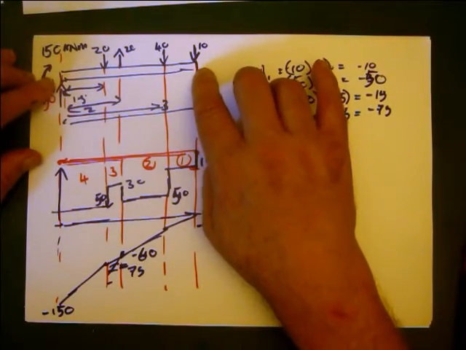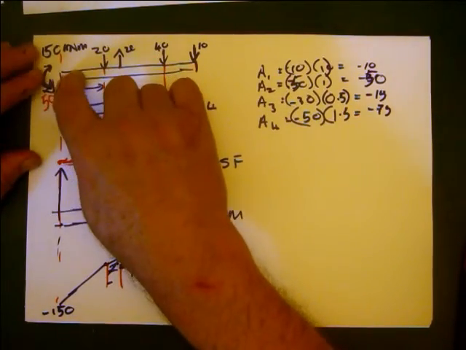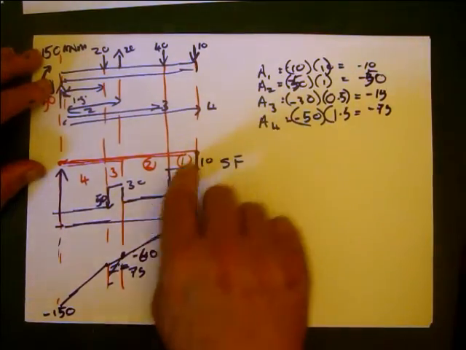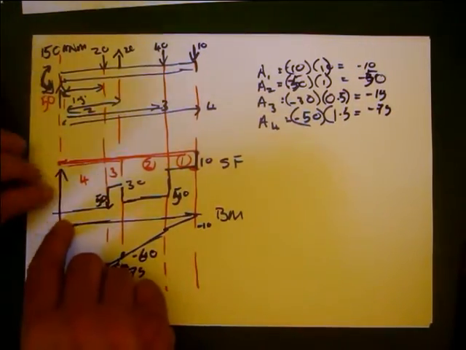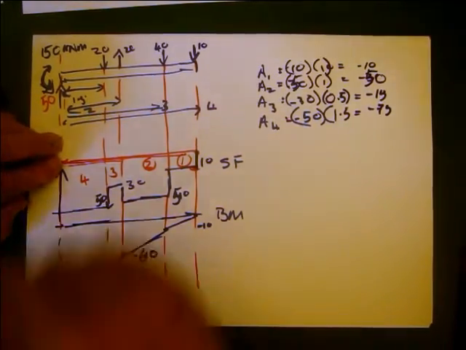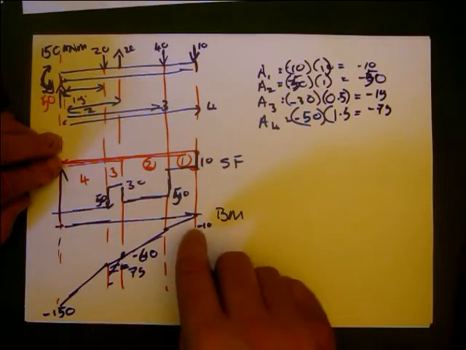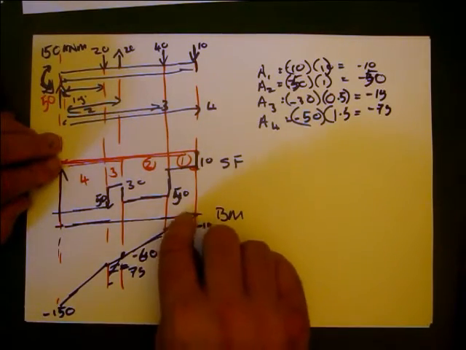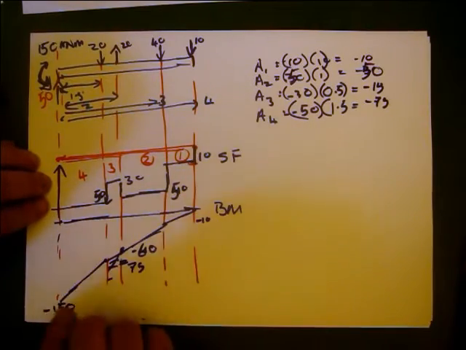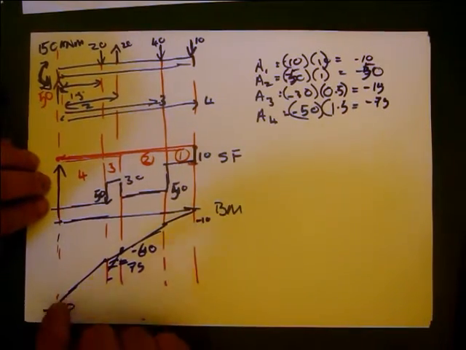Then you work in from the free end to the wall. The wall is going to supply a force to make that equal to 0, so that lets us work out what the wall force is. The wall is also going to supply a fixing moment, and we can figure that out by how far up or down that goes.